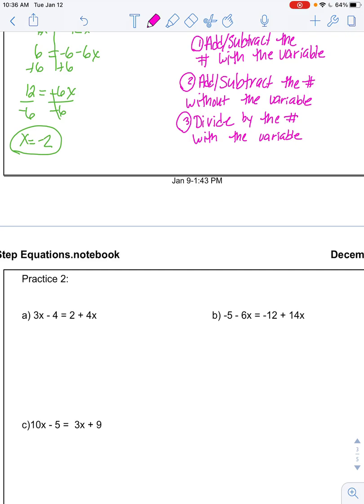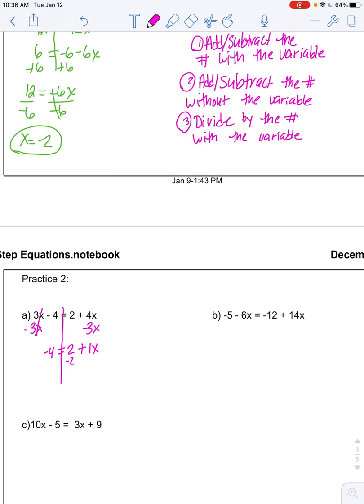All right, welcome back. So we're going to go ahead and solve these. So we have x minus 4 equals 2 plus 4x. So we're going to subtract 3x from both sides. We're left with negative 4 equals 2 plus 4 minus 3 is 1x, or just x.